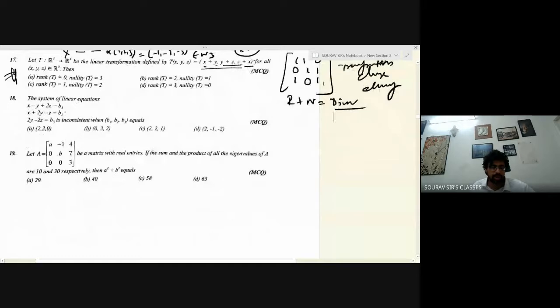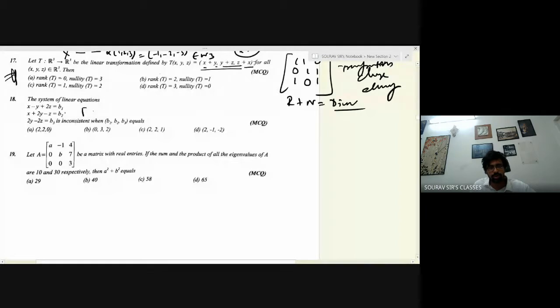Now we have an inconsistent system. Again, augmented matrix and these two, and their ranks need not be the same. From the augmented matrix and unequal rank with the main matrix.